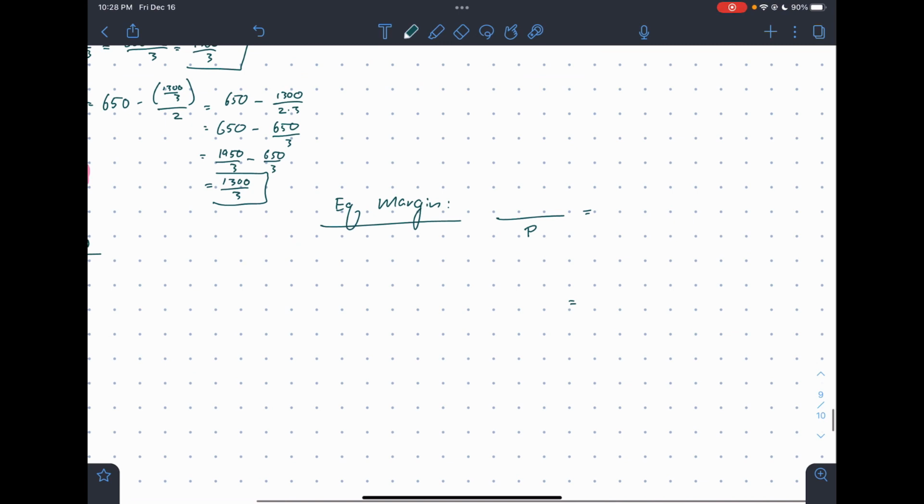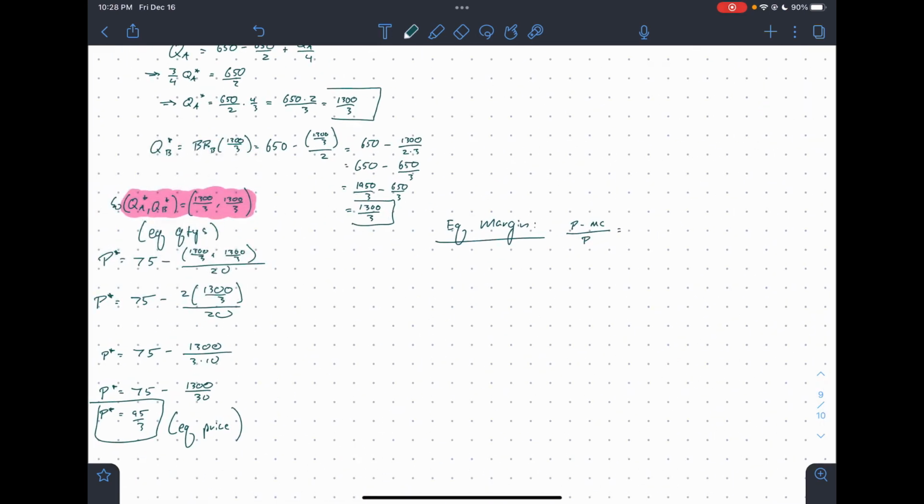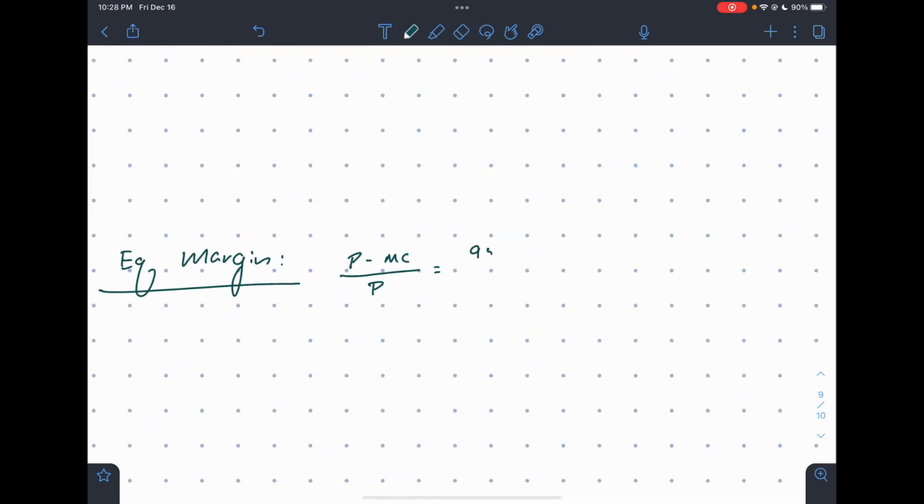Now we're going to look at the equilibrium margin. So the equilibrium margin is going to be price minus marginal cost divided by price. So here, price was 95 divided by 3 minus marginal cost of 10, divided by 95 divided by 3. So I'm going to find a common denominator on the top. This means I get 95 over 3 minus 30 over 3 divided by 95 over 3.